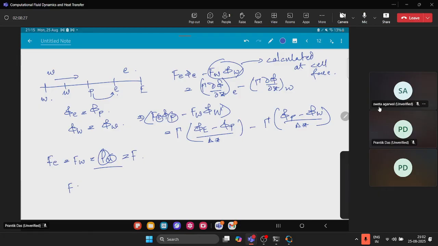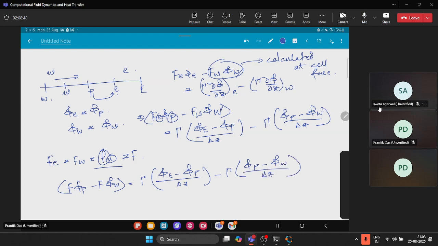So F phi P minus F phi W equals gamma (phi E minus phi P) divided by delta x minus gamma (phi P minus phi W) divided by delta x. So is it clear to you?